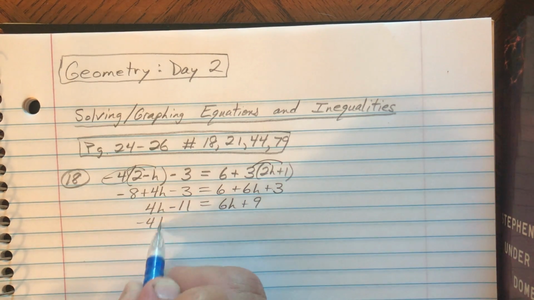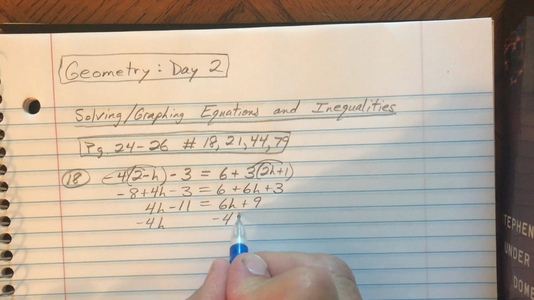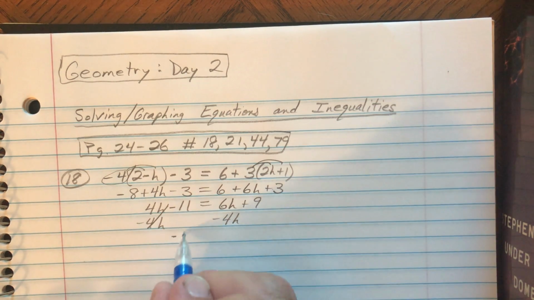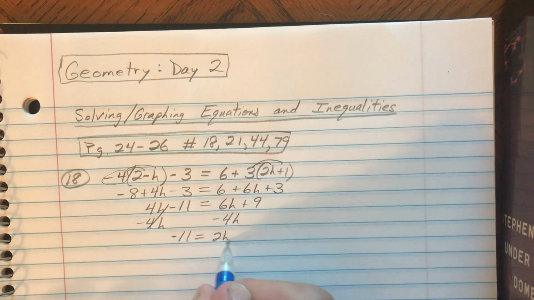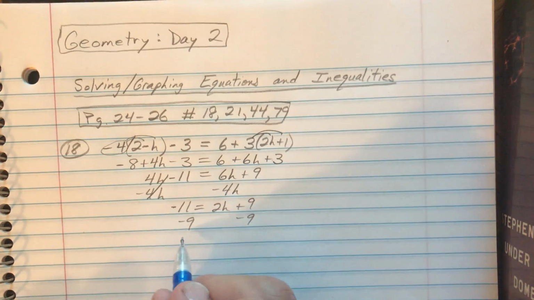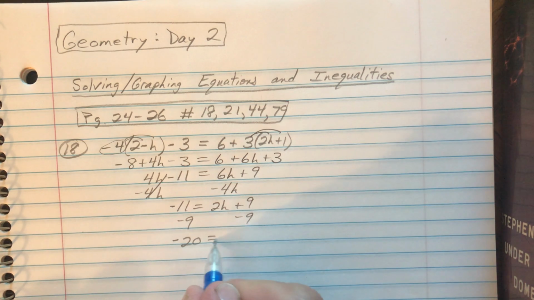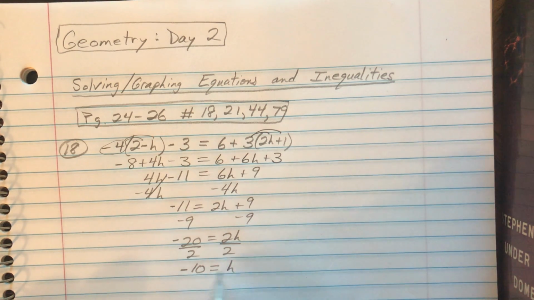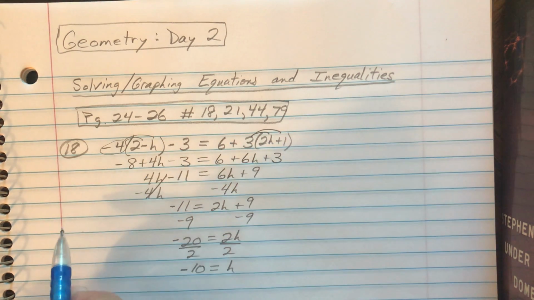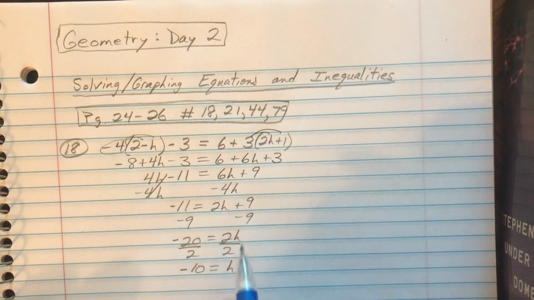And then we can move all the h terms to the right side and the number terms to the left side. Negative 20 equals 2h. Divide by 2. H is negative 10. Now we could take negative 10 and replace these h's with it, and both sides should be equal.